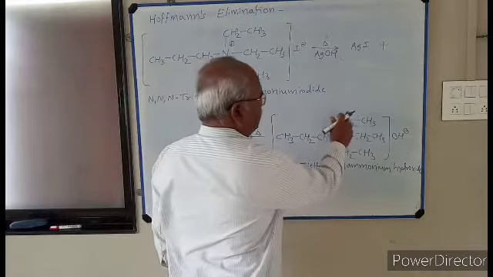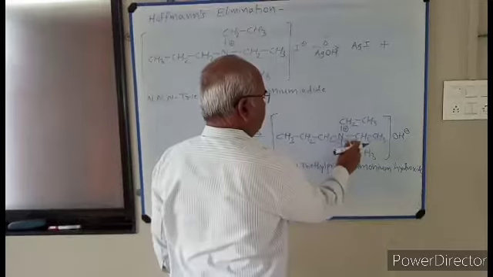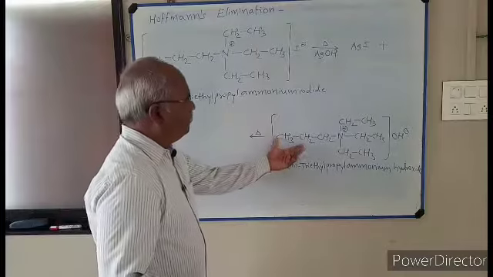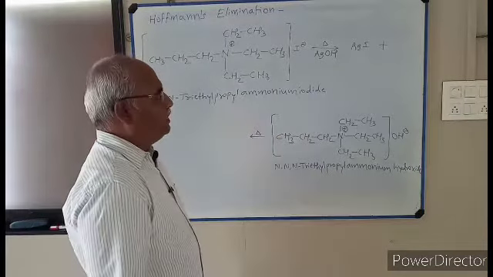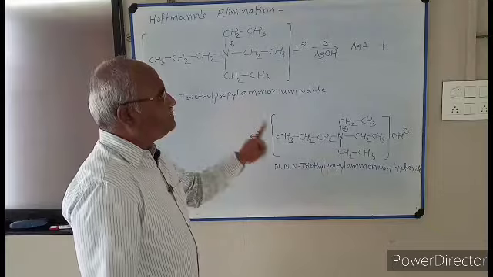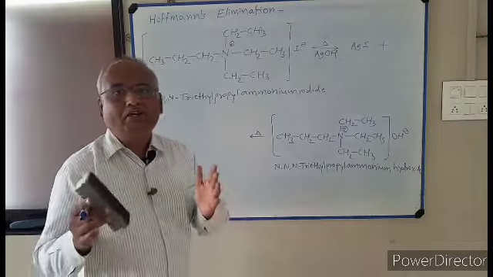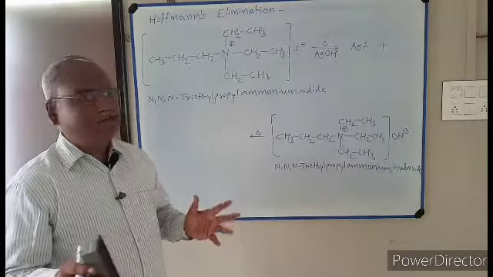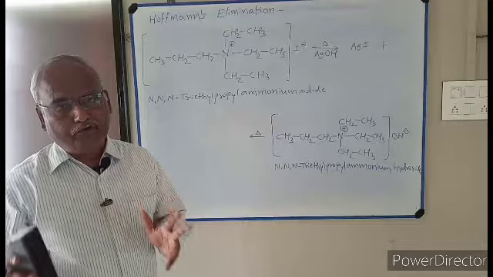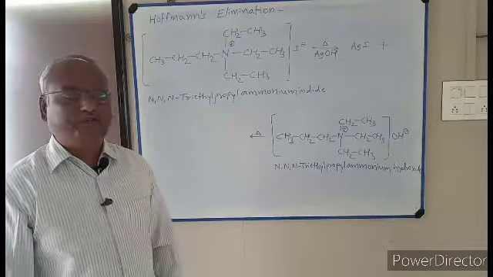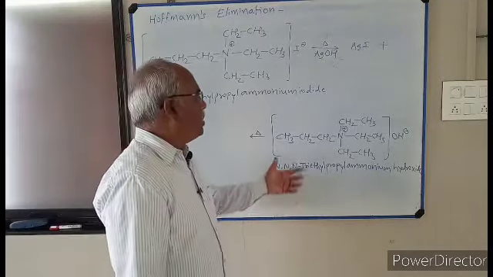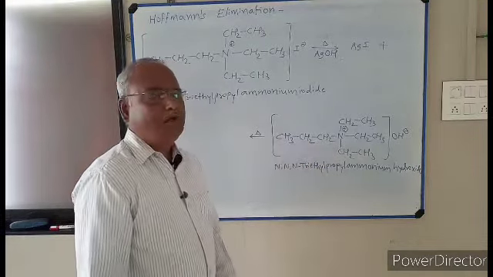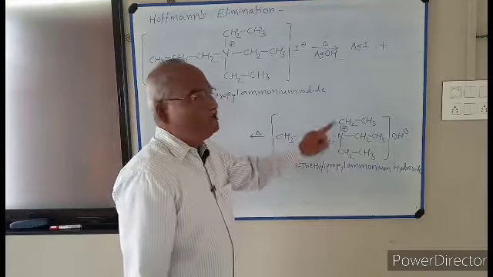Here ethyl group, and here propyl group. Remember, here elimination takes place contrary to Saytzeff's rules. Elimination takes place opposite to Saytzeff's rules. That means instead of producing highly substituted alkene, least substituted alkene is formed.